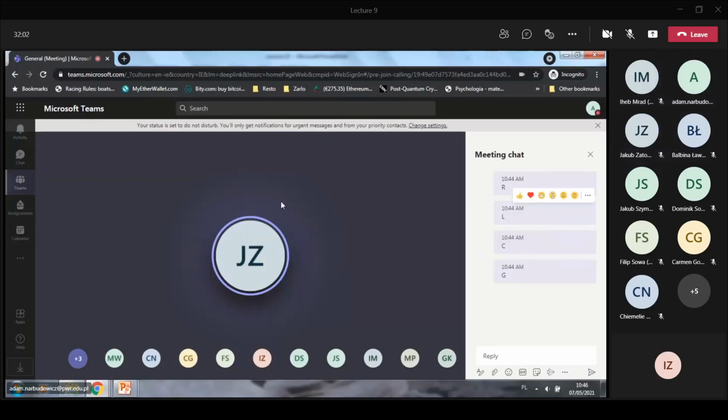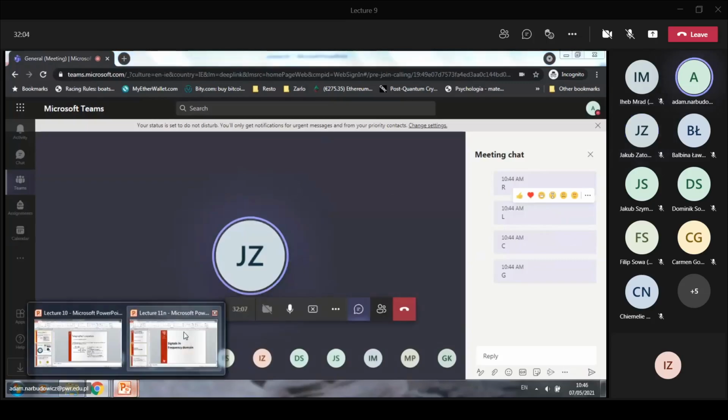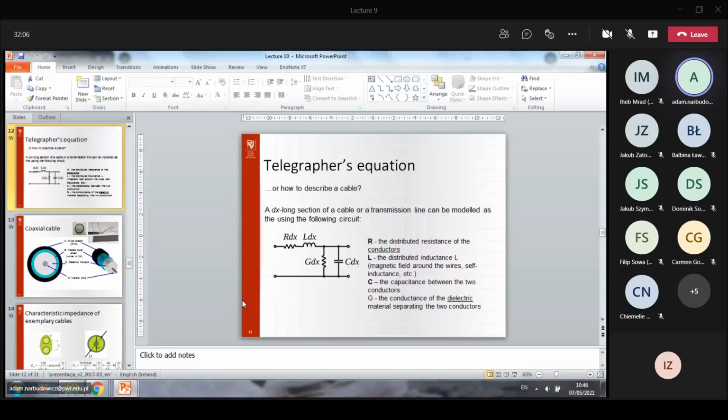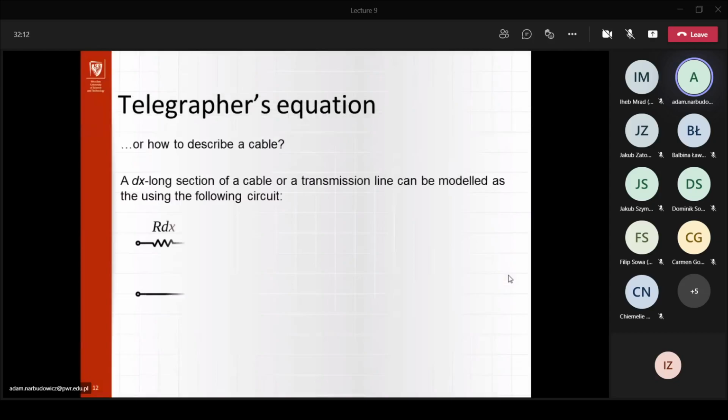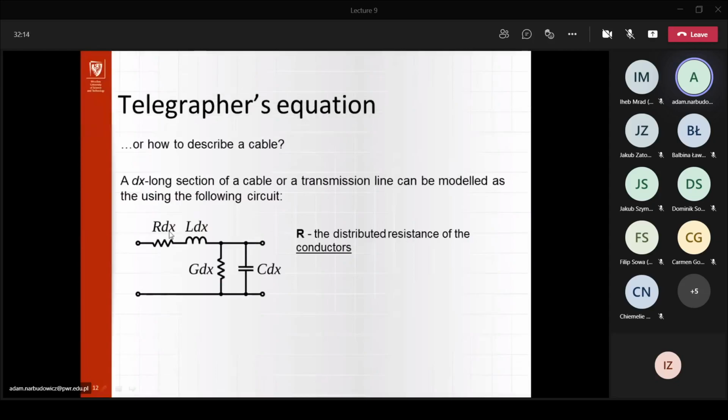Well, actually, not really. So yes, you're right, that's a good point. Definitely R is the component corresponding to the losses, right?